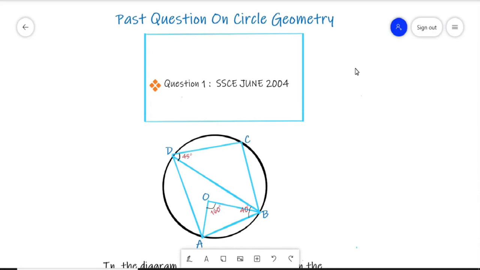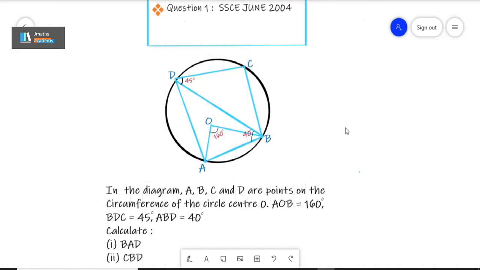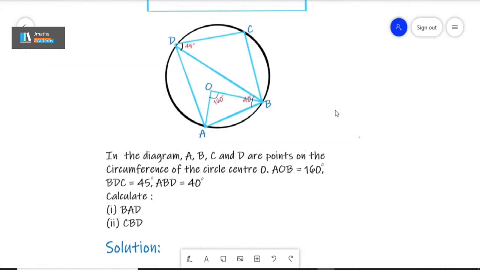In this class, we are going to solve question 1 from SSC June 2004. Our question says, in the diagram, A, B, C, and D are points on the circumference of the circle at center O. Angle AOB is equal to 160 degrees.